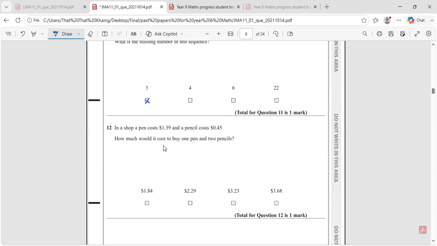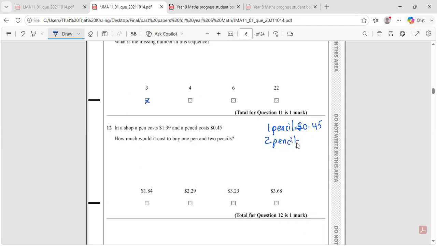For number 3. In a shop, a pen costs $1.39 and a pencil costs $0.45. How much would it cost to buy one pen and two pencils? One pencil costs $0.45. What about two pencils?